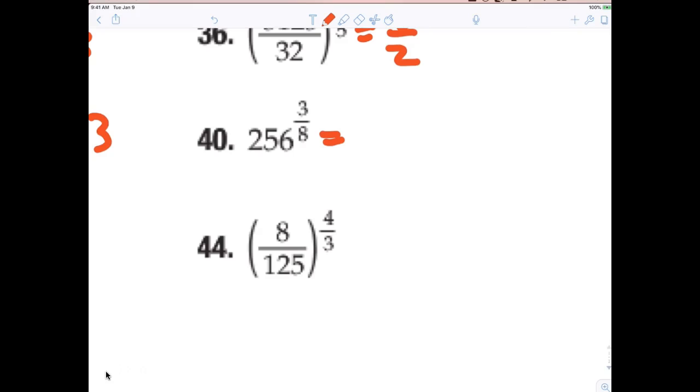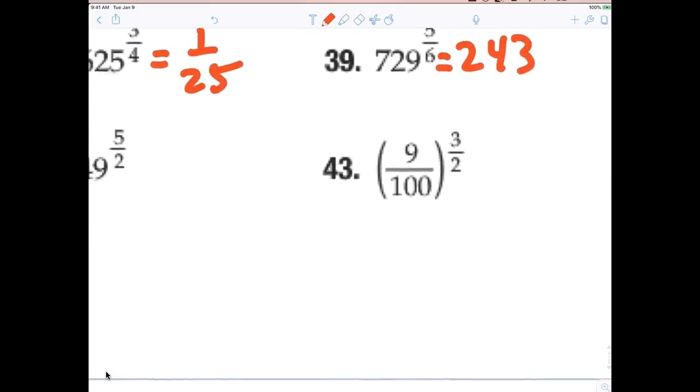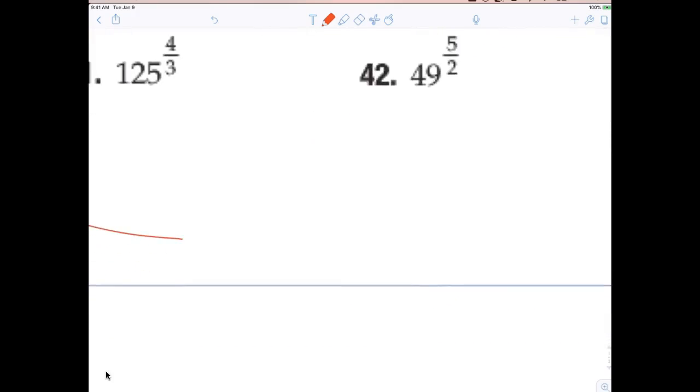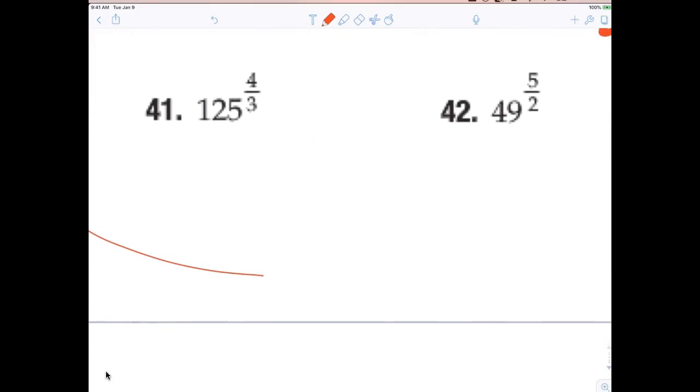I'll just do this one. We're waiting. Good job. Colin, 41. All right. 41.